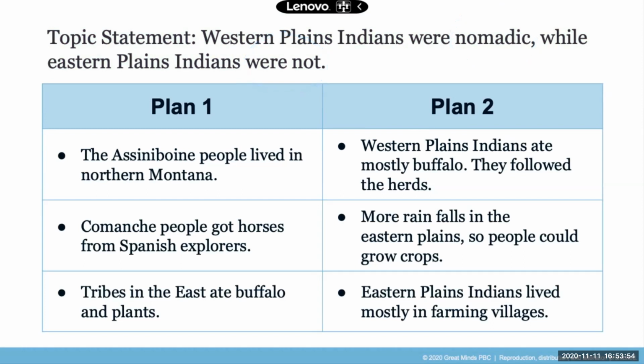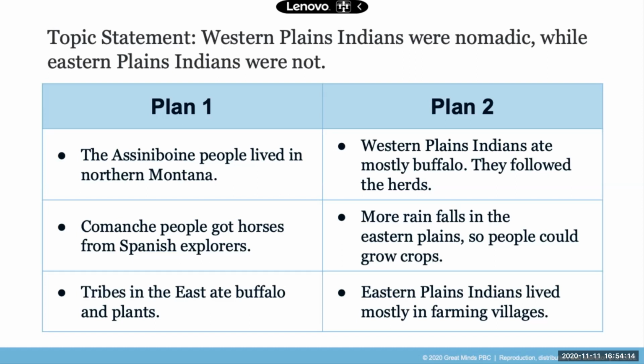As we choose our points or select our evidence, we need to keep those key terms in mind. The evidence that we select or the points that we choose need to focus on the Plains Indians and whether they were nomadic or not nomadic.